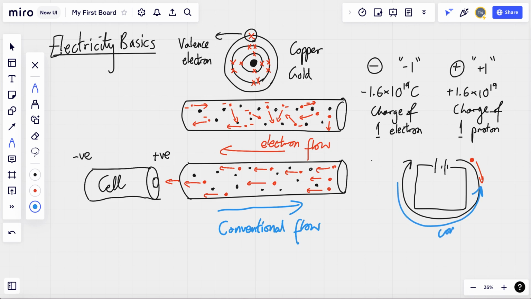So that's my convention, and you need to be really careful about that when we look at circuits. Okay, so if you're happy with the idea that free electrons flow within a metal or a conducting medium, and they flow towards a positive, then we can get the basics of currents and charge going.